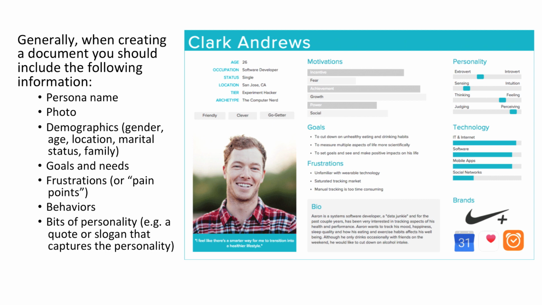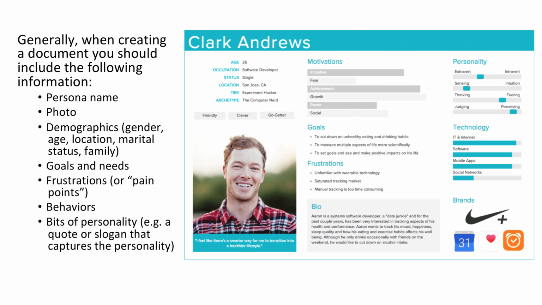If I look at this, I understand that this is a persona for somebody designing wearable fitness technology, like a Fitbit, Apple Watch, that type of thing. So if I look at this, I can say, oh yes, this is Clark. He's 26, software developer, lives in California. He's kind of a computer nerd. That's his archetype. So you got kind of a guy who's a little bit techie.